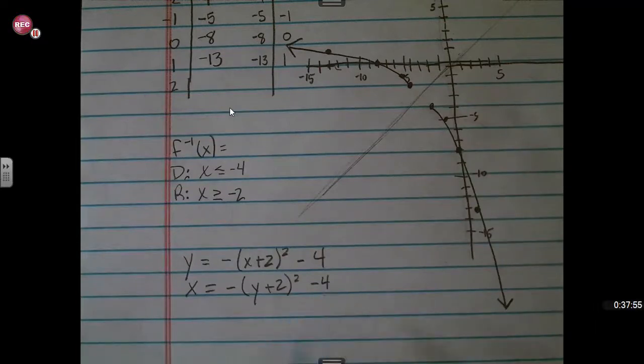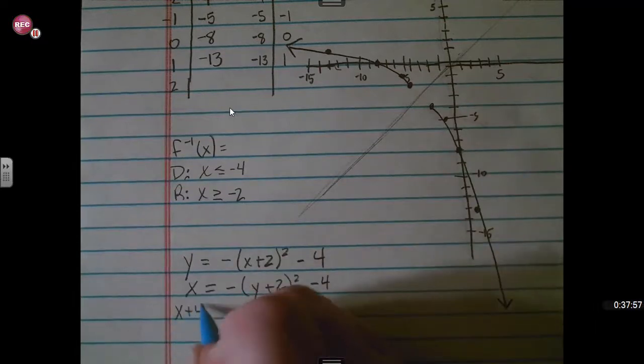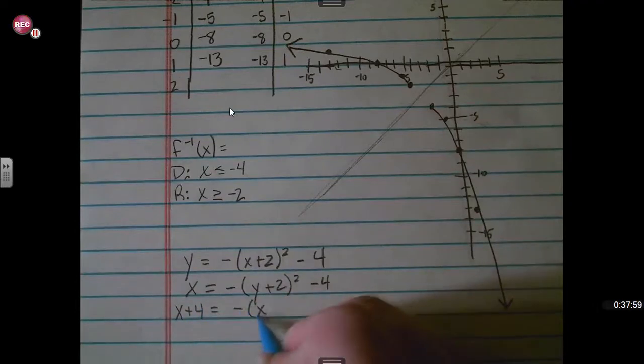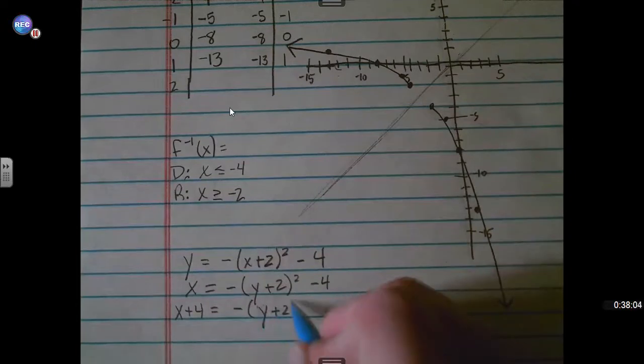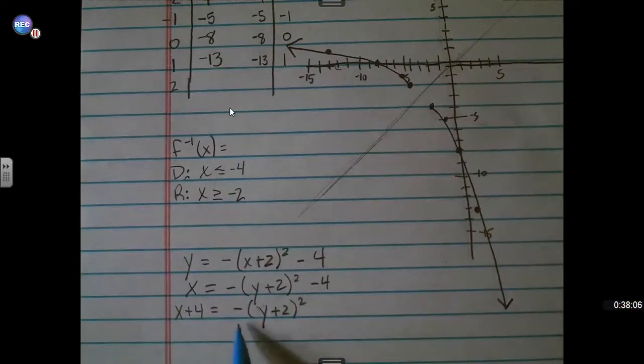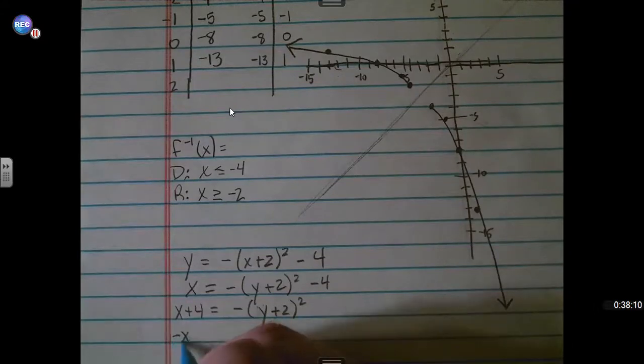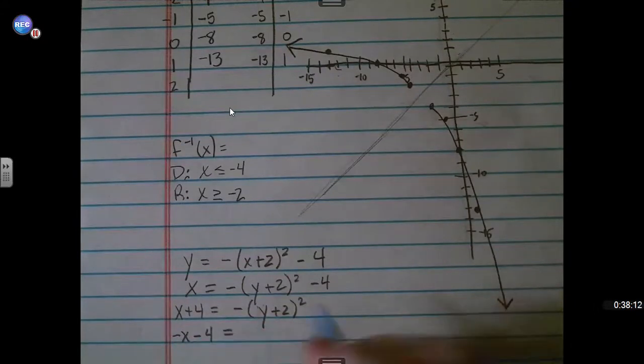So add 4 to both sides. Oh, shoot. Okay, get rid of that negative. So multiply everything over here by a negative. Minus x minus 4 equals y plus 2 quantity squared.